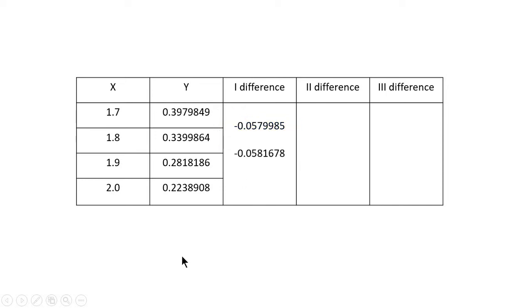The next value can be obtained by subtracting third term minus second term right in between these two values. The next value can be obtained by subtracting fourth term minus third term right in between these two values. So we have finished with the first differences.